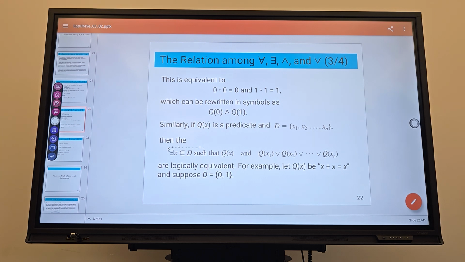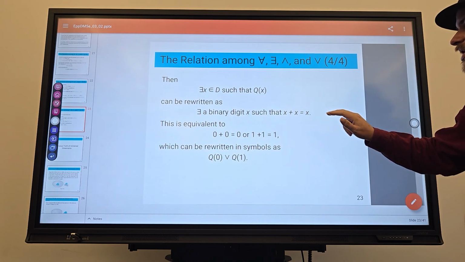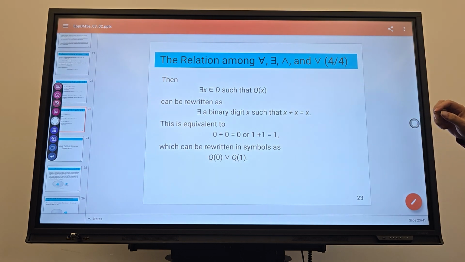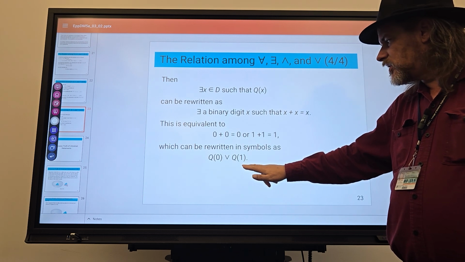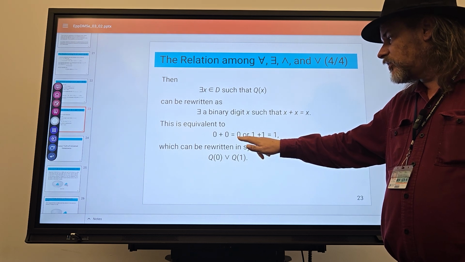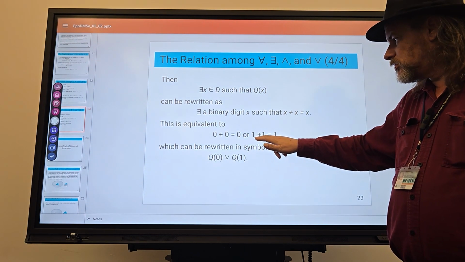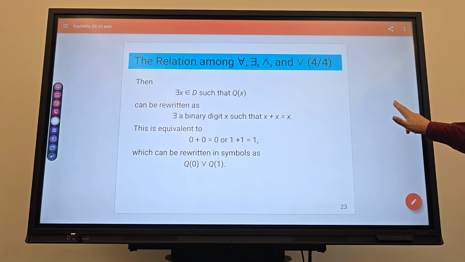So if Q of x is now equivalent to x plus x equals x, and D is still the binary digits, then it can be written with the symbols Q of 0 or Q of 1, which is true because 0 plus 0 is equal to 0, even though 1 plus 1 does not equal 1. So the overall statement is true.